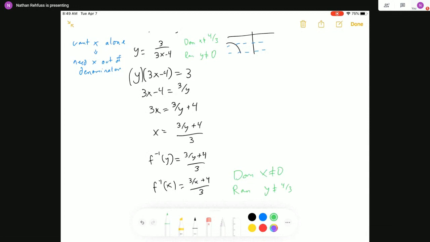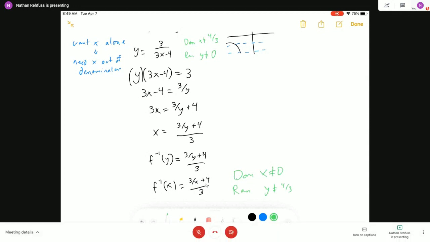No matter what you plug in, you're never going to get a 4/3 out. Because if you got a 4/3 out, you would just be getting this part out, this 4 and this 3. So the only way to get out 4/3 is if this expression was 0. But this expression can't be 0. 3 over x is never equal to 0, so we can never get this 4/3 by itself. So the domain and the range have switched places, just like I said they would.